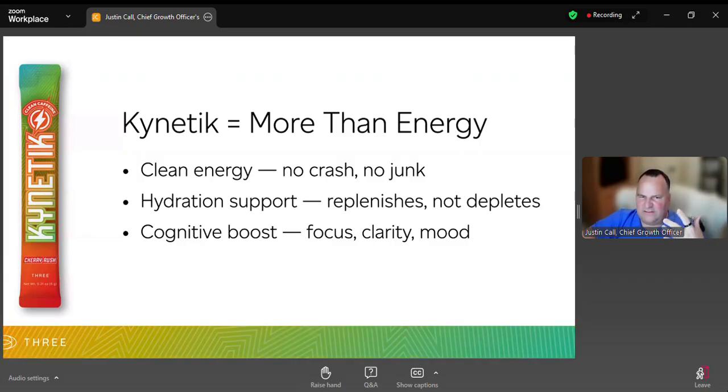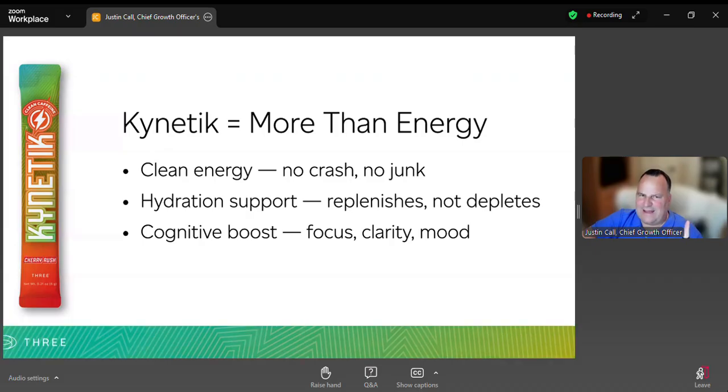What have you felt? I know for me, I'm feeling all of those things, and maybe the cognitive boost more than anything. Caffeine doesn't really have a lot of effect on me. It kind of gives you a little energy, but I don't really feel it. But that cognitive boost, man, that is so helpful. And I do notice it quenches your thirst. So Kynetic is more than just energy. So we have that going for us.